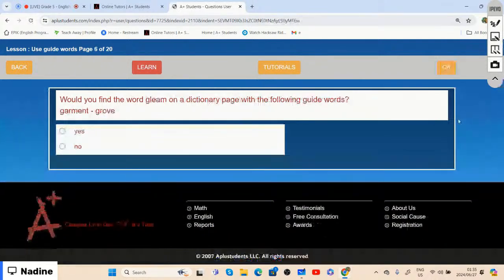All right. Let's look at the next one. It says, would you find the word gleam on a dictionary page with the following guide words, which is garment and grove? Gleam. Look at the second letter, L. Will you find L between A and R?